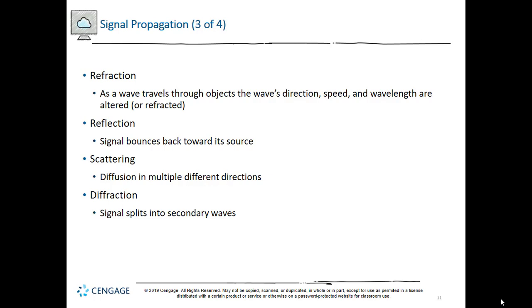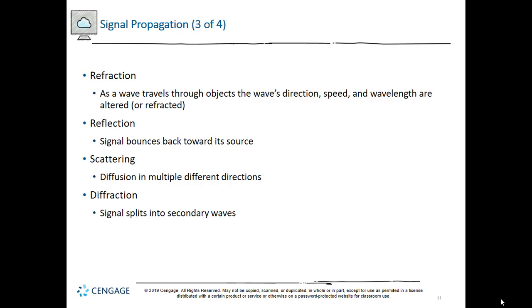Diffraction: a wireless signal is diffracted, or split into secondary waves, when it encounters an obstruction, and the secondary waves continue to propagate in the direction in which they were split. If you could see wireless signals being diffracted, they would appear to be bending around an obstacle.